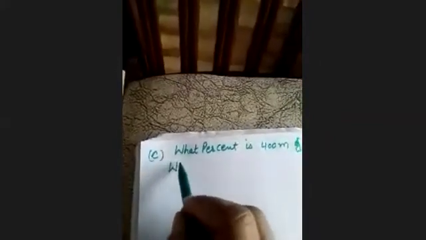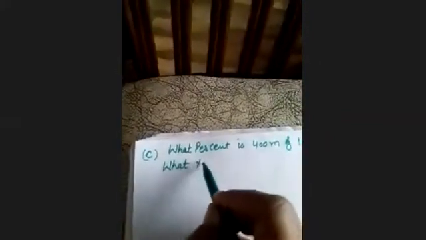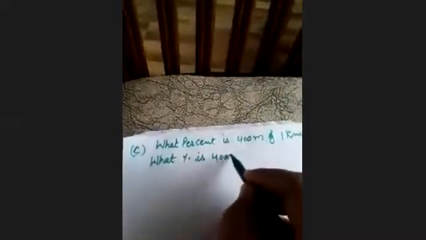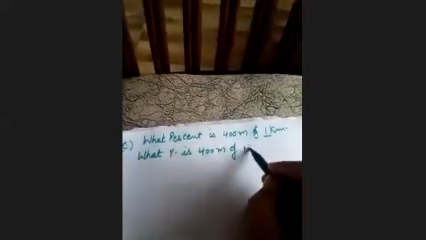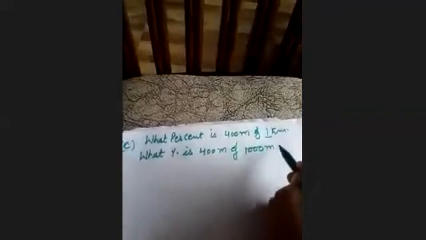Now first we write as what percent is 400 meter of, in 1 kilometer, 1000 meter.